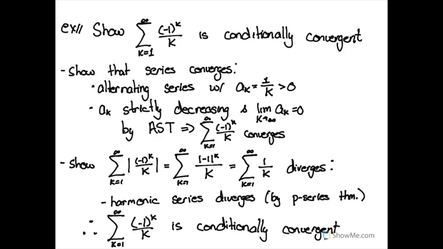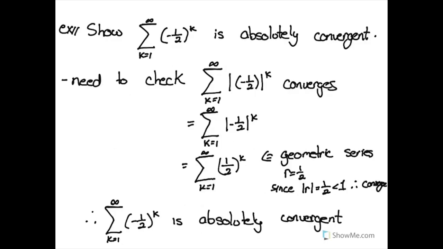Now, one thing you may be wondering is, why is it that in the conditionally convergent case we had to check that the original series converges and then the absolute value series diverges, but in the absolutely convergent case we only had to check that the absolute value series converges.